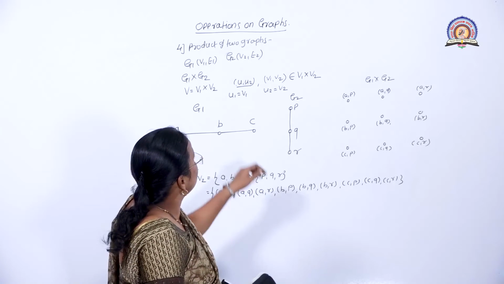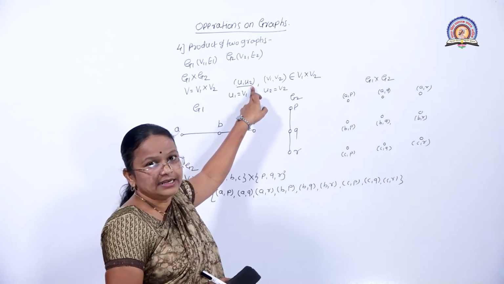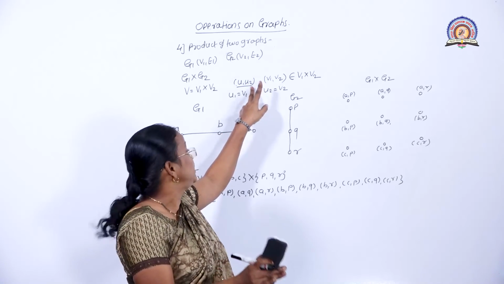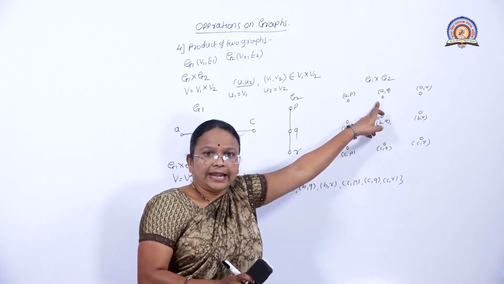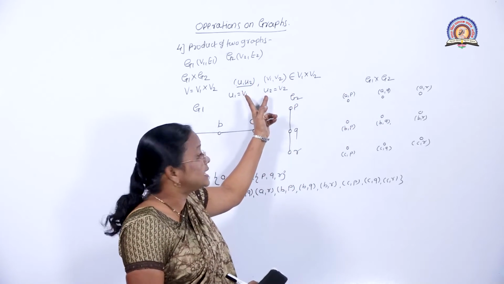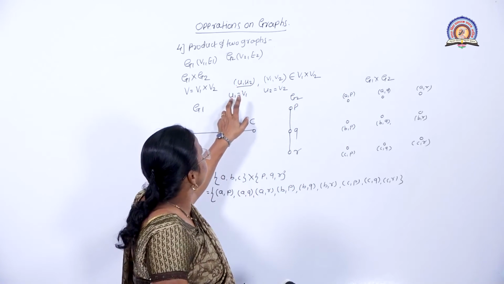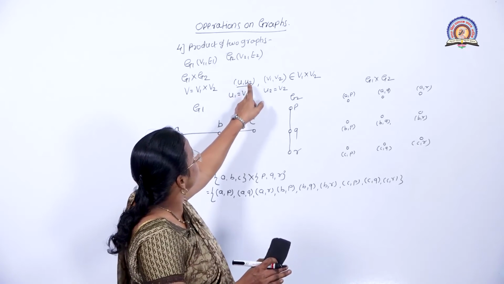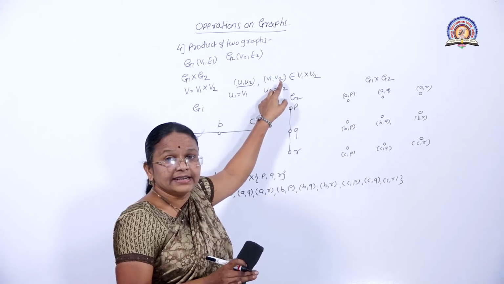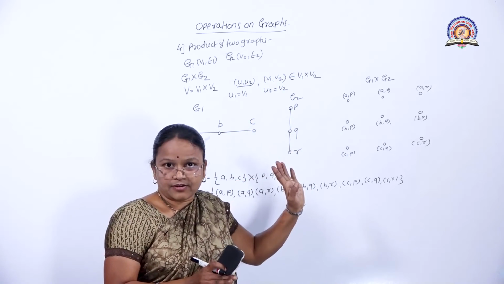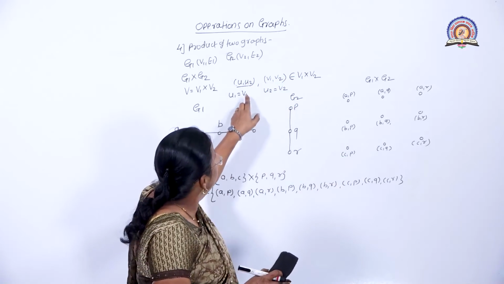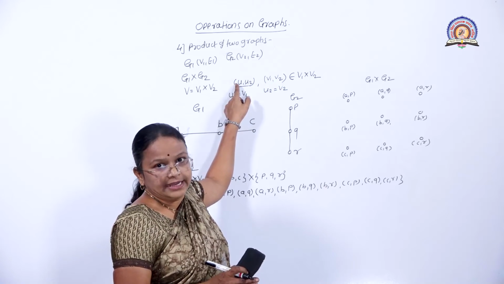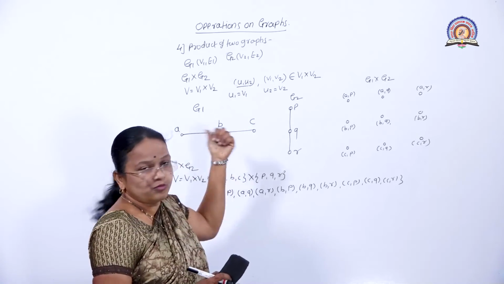As we already saw in the definition, two vertices are adjacent if the first elements are fixed and the second vertices are adjacent in the second graph, or the second elements are fixed and the first elements are adjacent in the first graph.